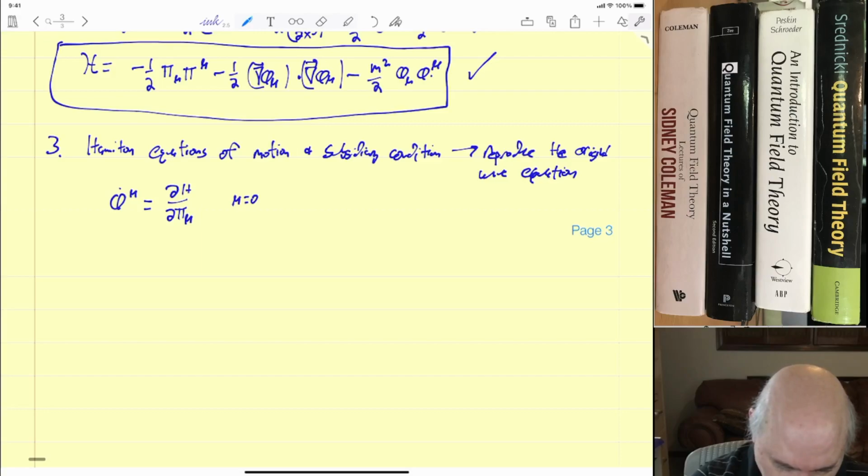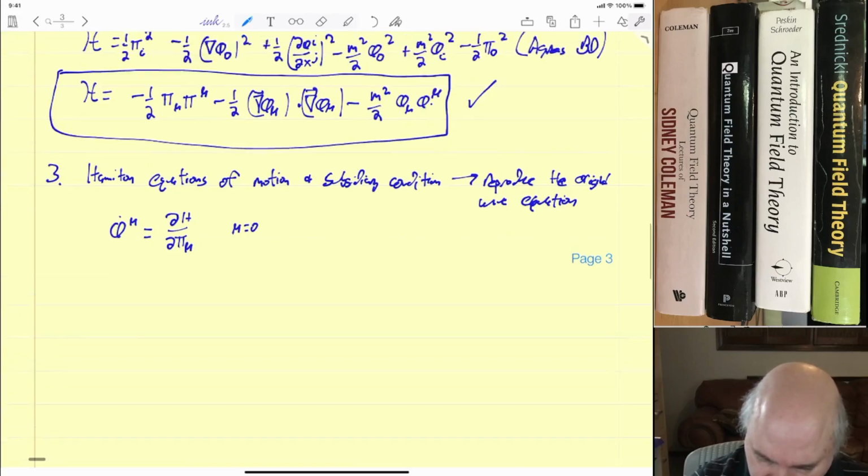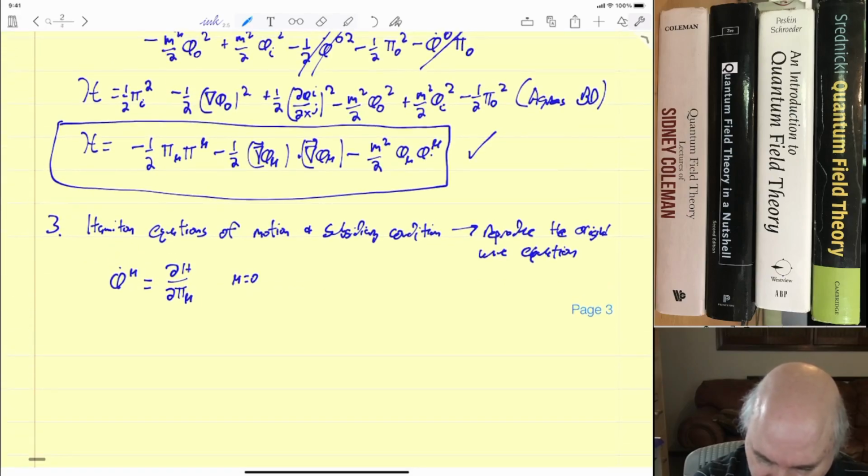So the partial of h with respect to pi mu, you can use either one of these, but you can see that it's going to be minus pi 0. Let me do the other side first. Phi dot 0 is equal to minus pi 0.